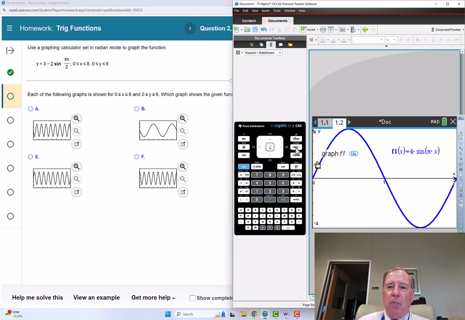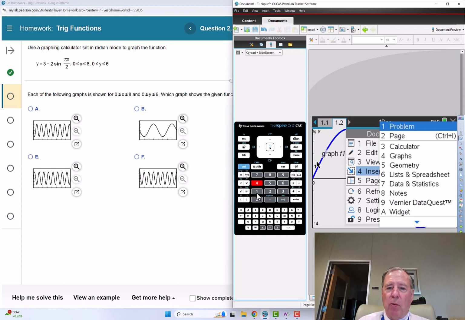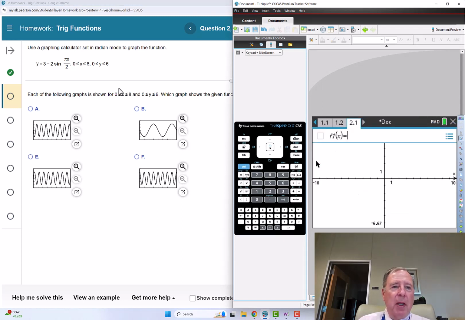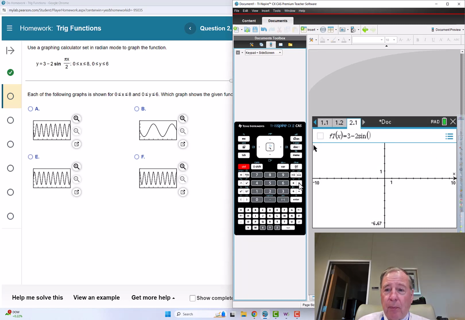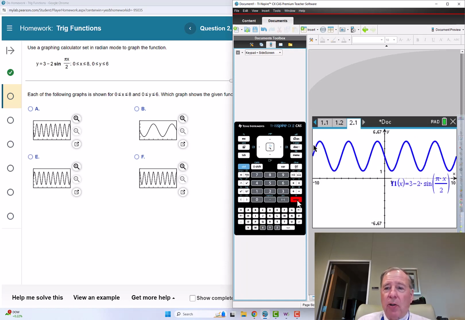So I'm going to start a new problem, doc 4, 1, 2, and put this in. I'll put it in just like it is rather than the way I like to do it to make it simpler. So pi times x over 2, and that should do it.